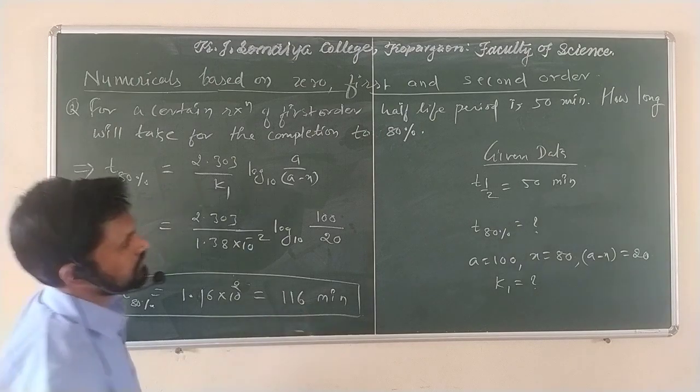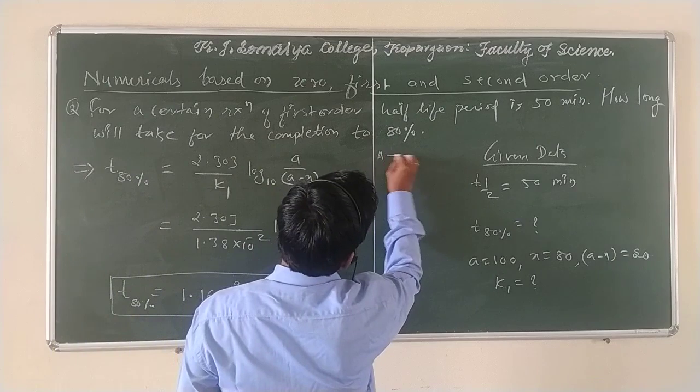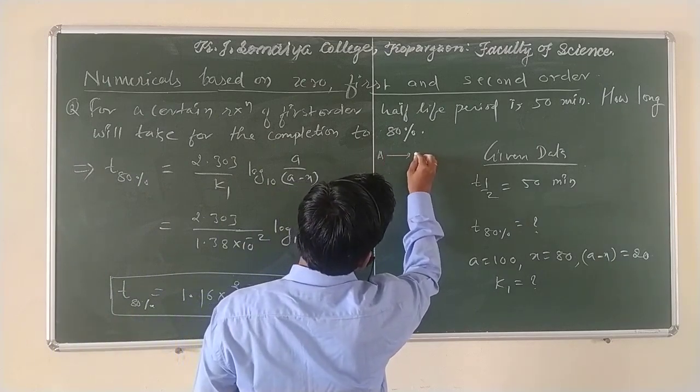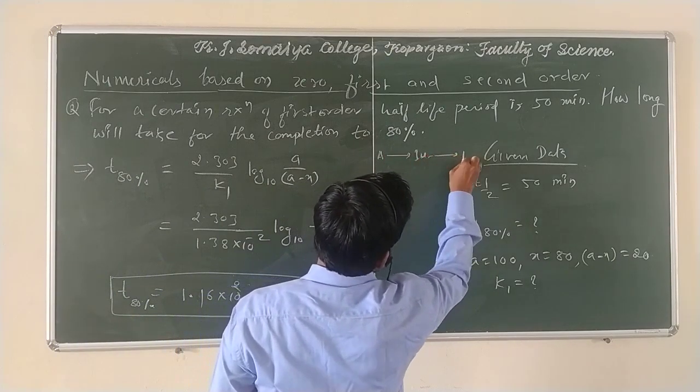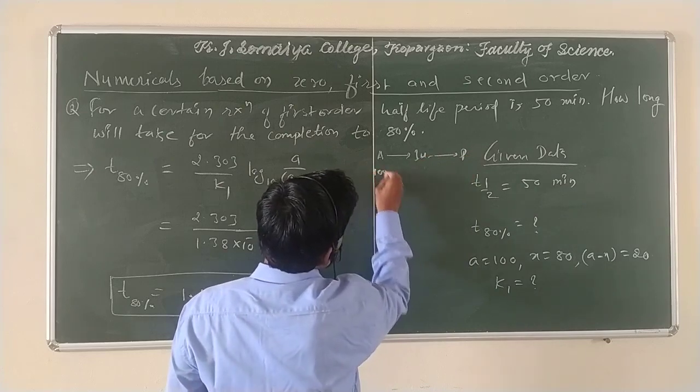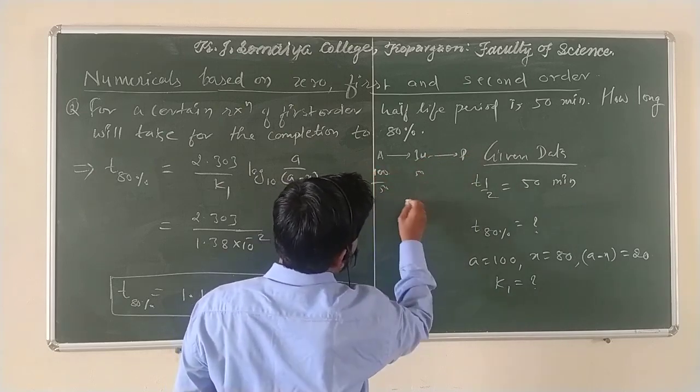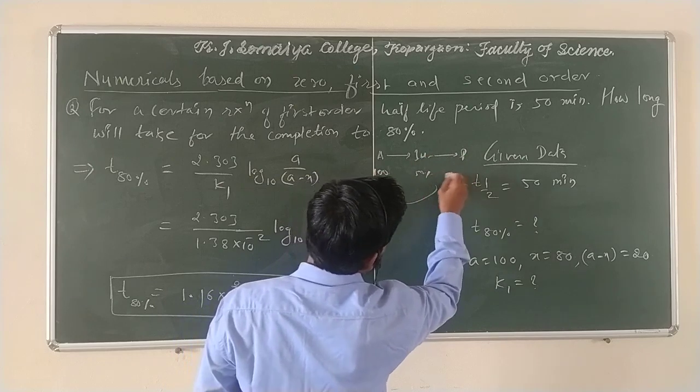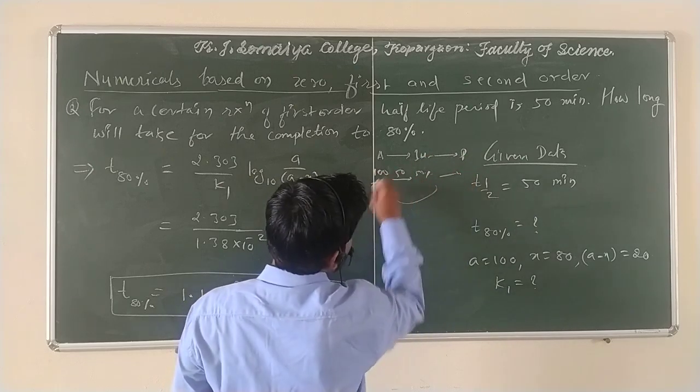Very simple, no? See, suppose this is the reactant and this will be the product. This is initially 100, and this is 50, where 50% is there and you require 50 minutes.